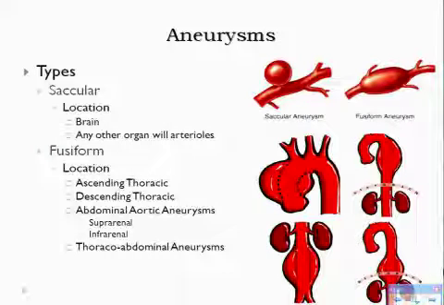So if you look at the combination, which is rare, thank goodness, it is the thoraco-abdominal aneurysms, where the aneurysm is usually suprarenal, and it incorporates the descending aorta through the diaphragm. These are very difficult to fix, and these are major operative procedures that are only done in very few centers in the United States because of the increased complication rate.